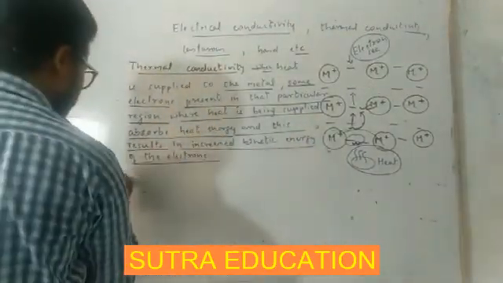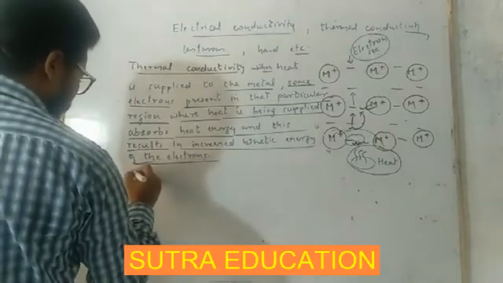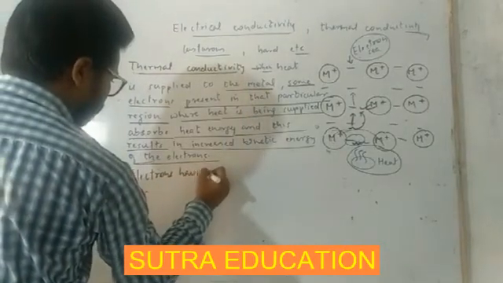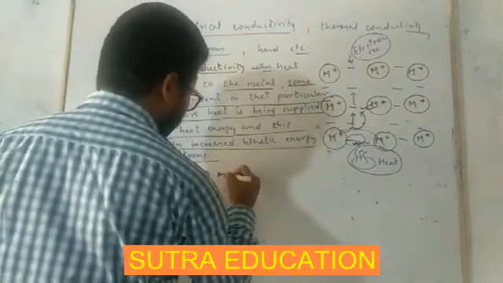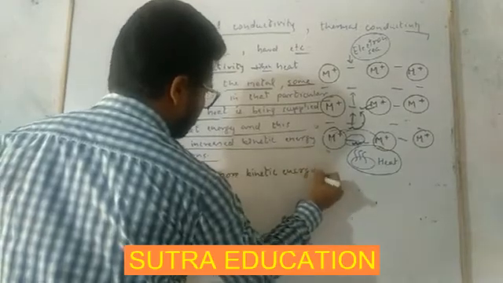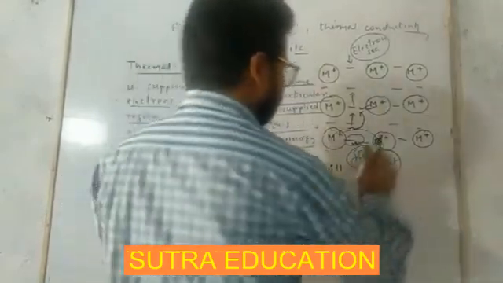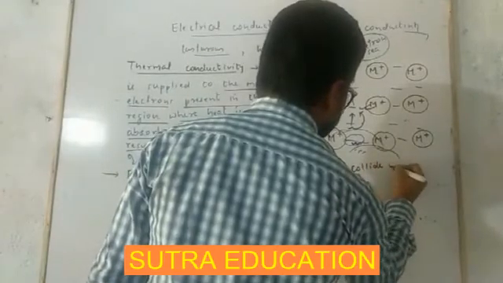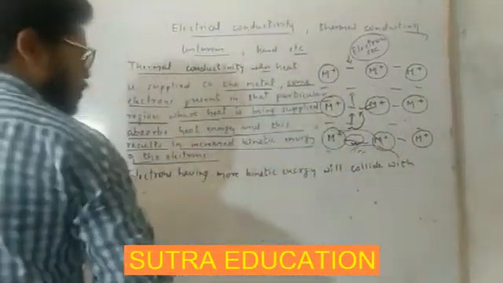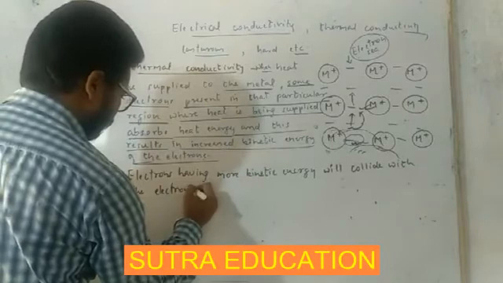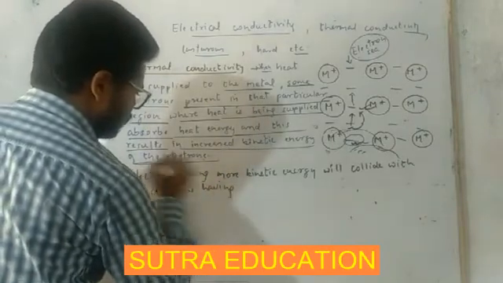Now, electrons having more kinetic energy will collide with the electrons having less kinetic energy.